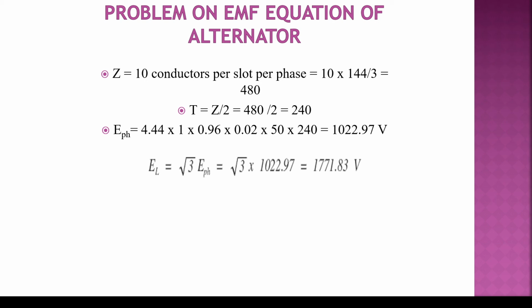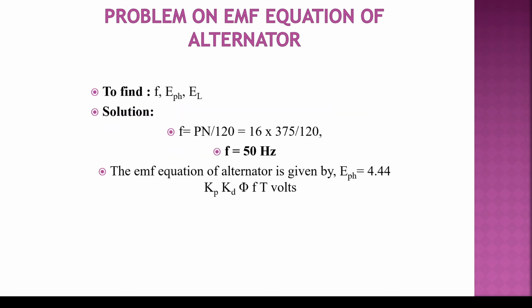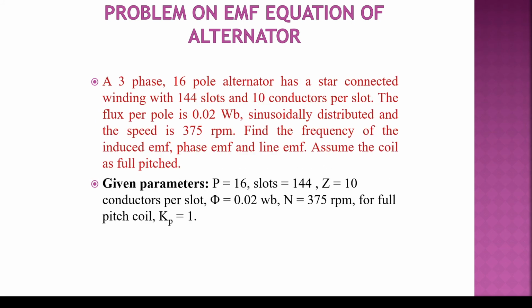So E phase, the EMF induced per phase, is given as how much? 4.44 into Kp, the value is 1 here, into Kd, the value is 0.96, into phi. Phi is how much? 0.02.